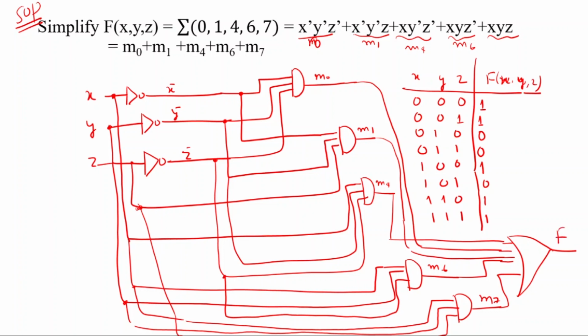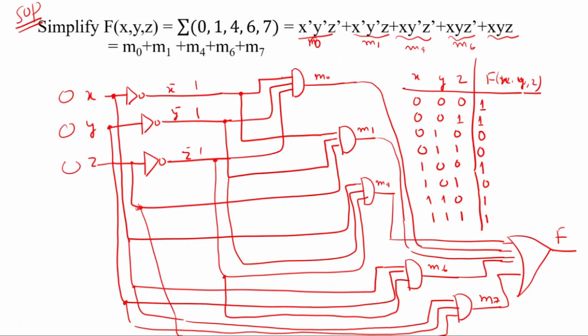What is the output here? Suppose the input term is 0 0 0. What will be the output here? This is in complemented form, this is 1 1 1, meaning x y z is 1 1 1, and then this AND gate is a connection of this, meaning there are 3 inputs in the form of complements: x complement, y complement, z complement.